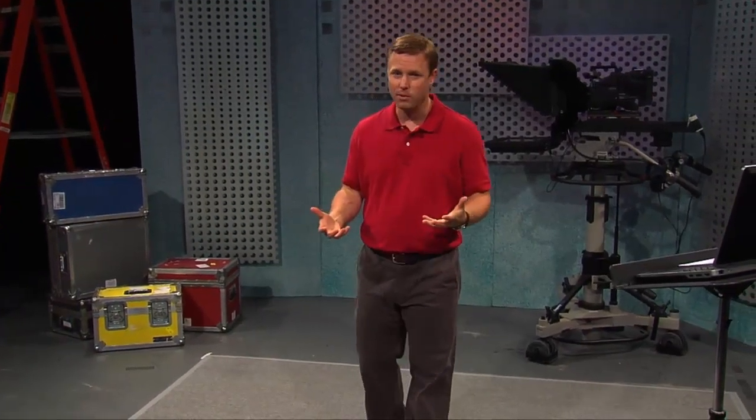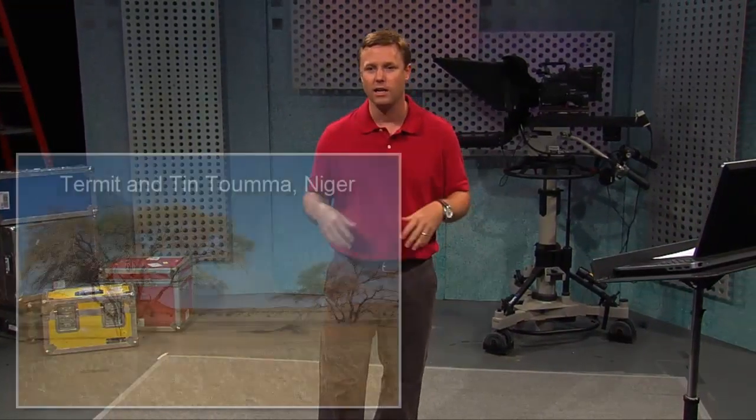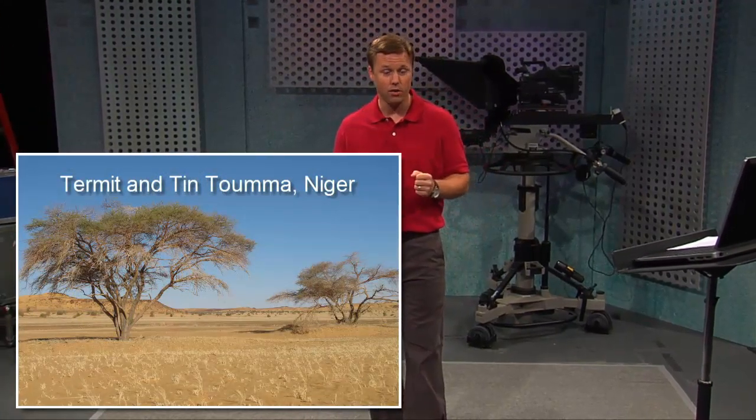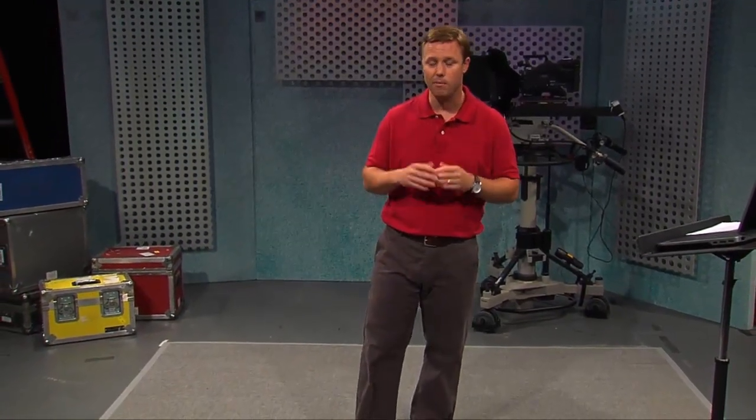The first example is the recent creation of the Termit and Tintuoma National Nature and Cultural Reserve in Niger in North Africa. This reserve was created by the Niger government in partnership with communities, nonprofit organizations like the Sahara Conservation Fund, and a variety of partners.